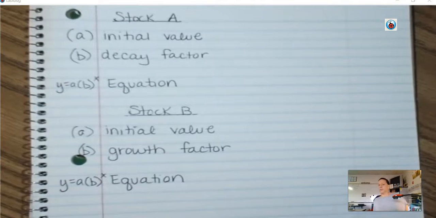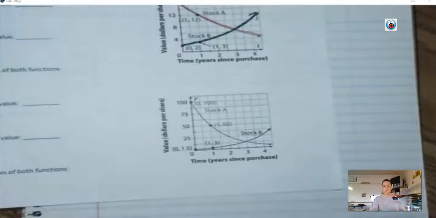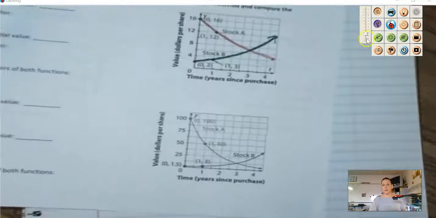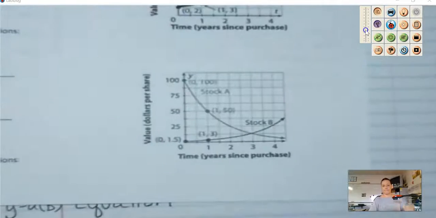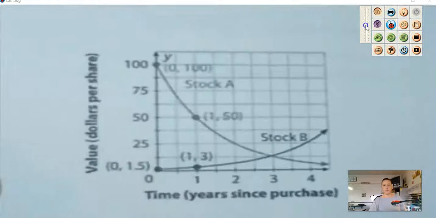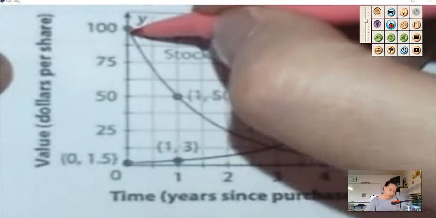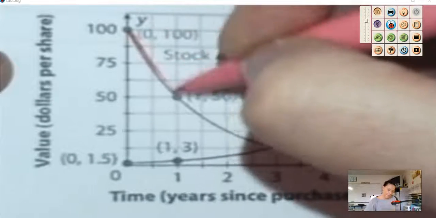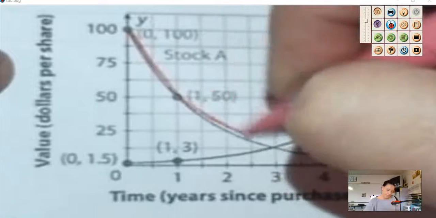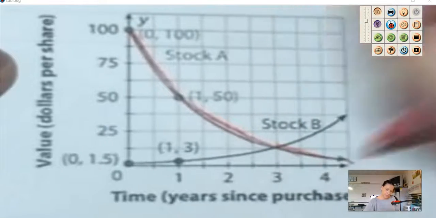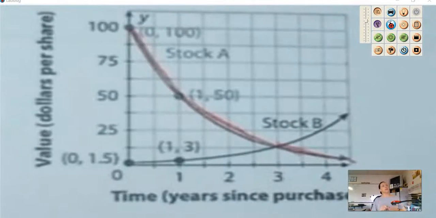Okay, I'm going to put the graph up here. So stock A starts up here, and it's coming down.